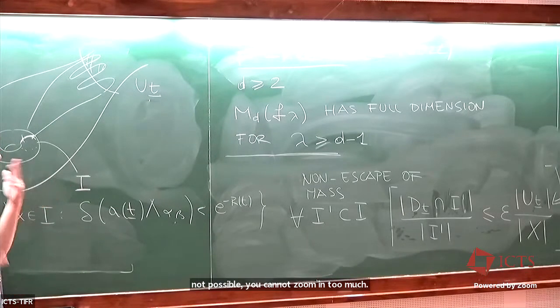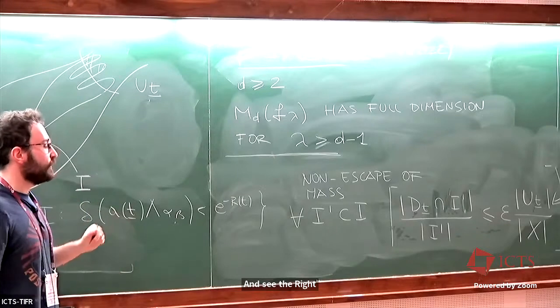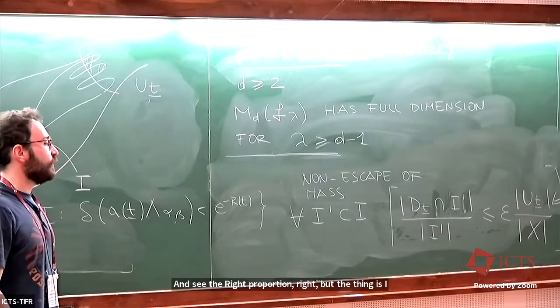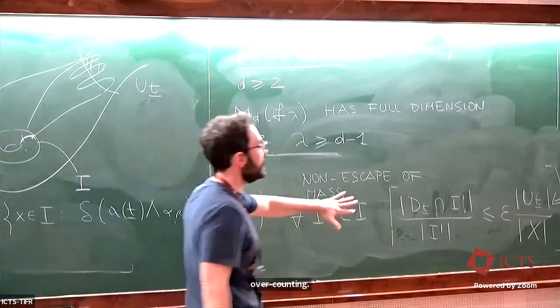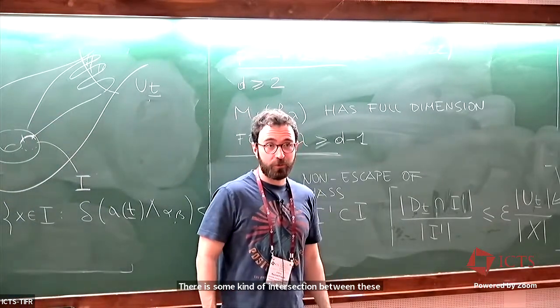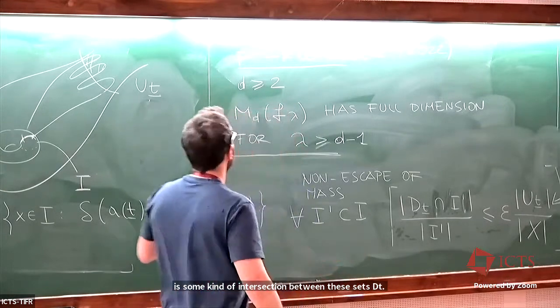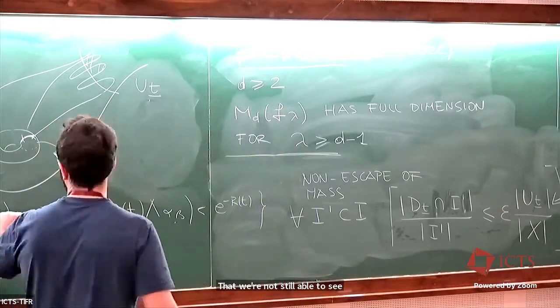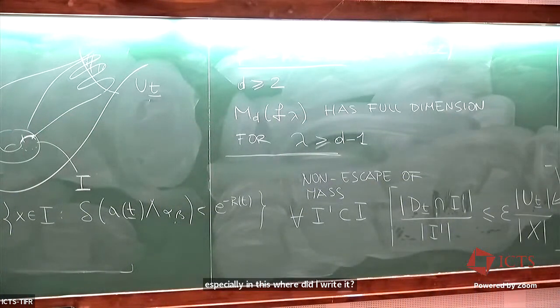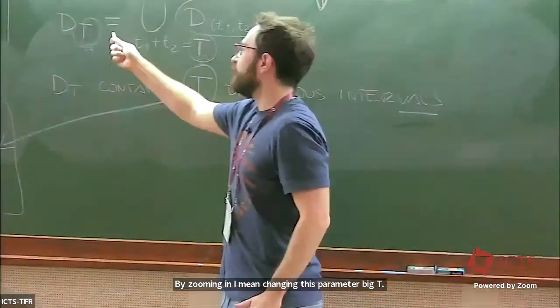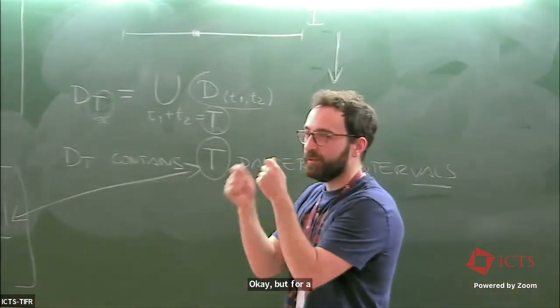But the thing is, I believe there is some kind of overcounting. There is some kind of intersection between these sets dt that we're still not able to see that much. And especially in this case here, right? By zooming in, I mean changing this parameter big T. But for a fixed parameter dt, you have many t1, t2 that you consider.